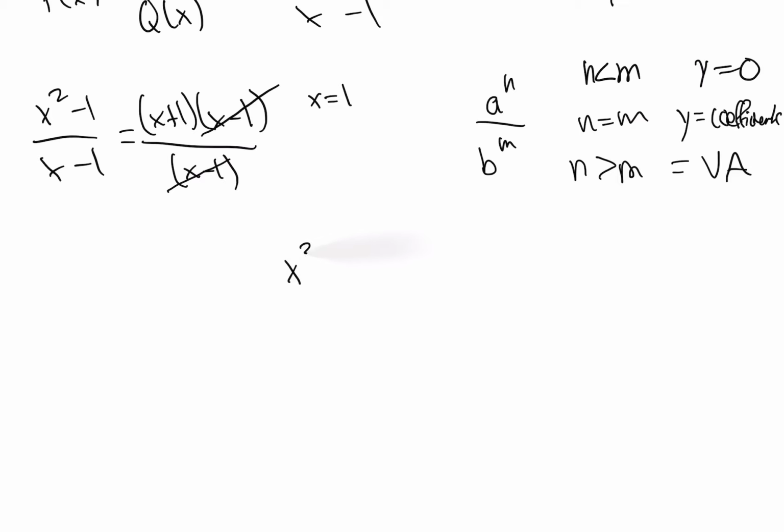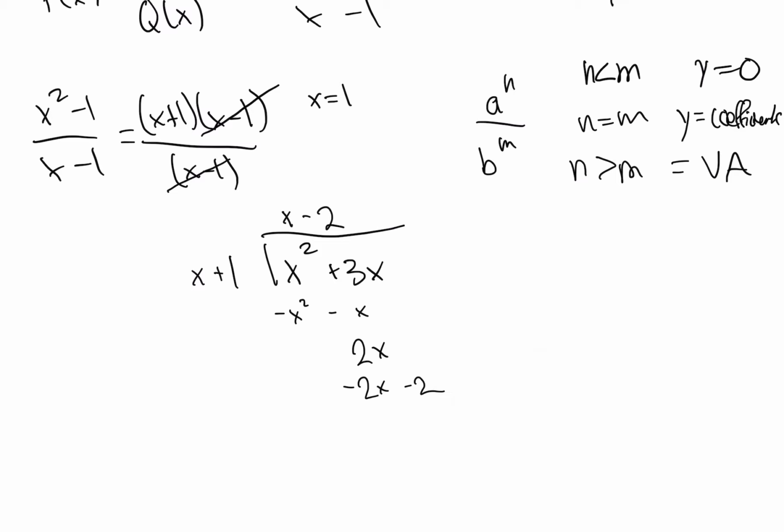And we decide to divide that by x plus 1. This would be x, then this would be minus x squared, then minus x, so that would be 2x left. Now we do minus 2. And this would be minus 2x. And you don't pay attention to the remainder that's left. So this x minus 2, this would be the equation of the slant asymptote.